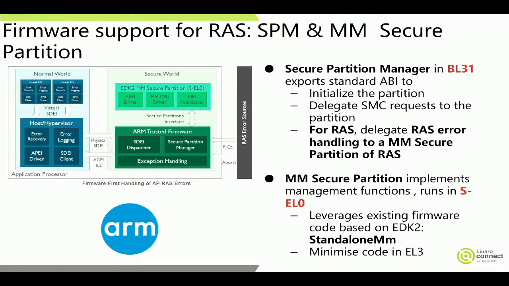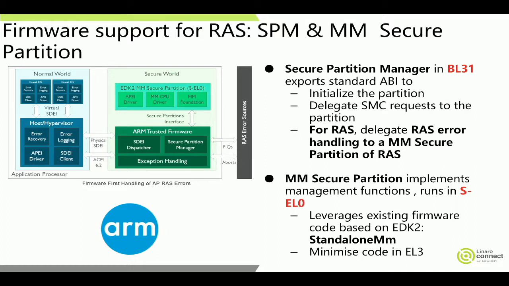In the firmware first approach, the firmware works between the hardware and the OS. So how do we transfer all the information? We need to use the SPM and secure partition. This kind of mechanism has already been specified by ARM engineers, and it can be separated into two different parts.